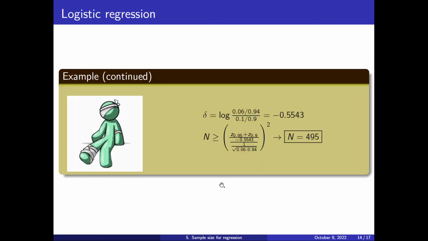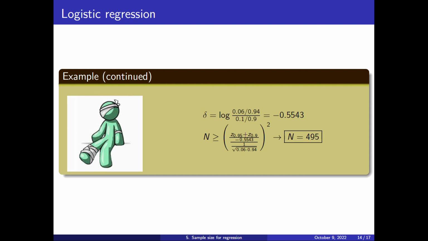So in this particular case, this delta is like this, and then the sample size is about 500 people. So you need to study 500 people in this range of a geriatric population whose mean is 70 years old.